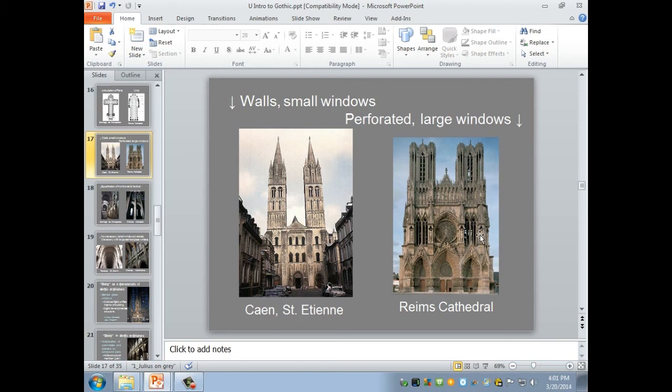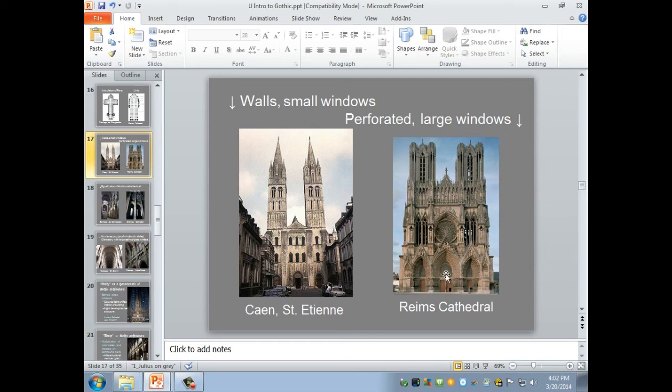You also have a very strong string course that divides the gallery level from the arcade level, the bottom level and the top level, essentially. Of course, we had said we have no clerestory here.